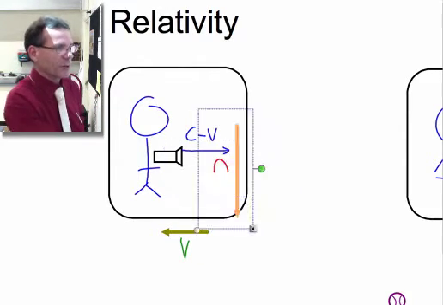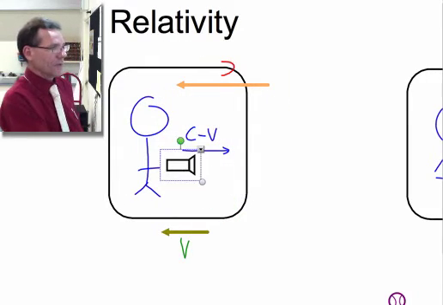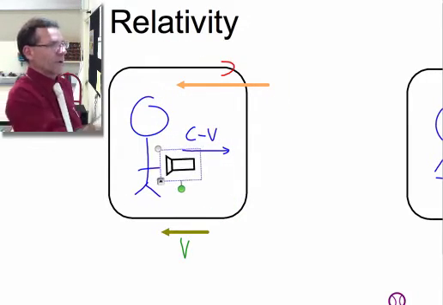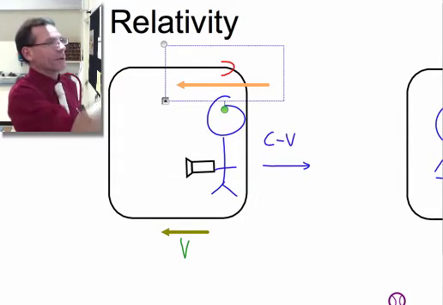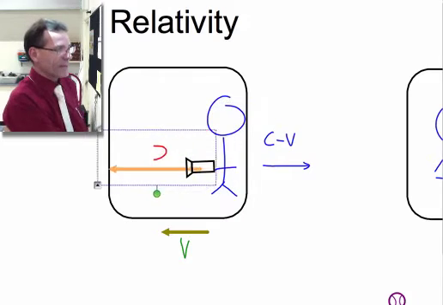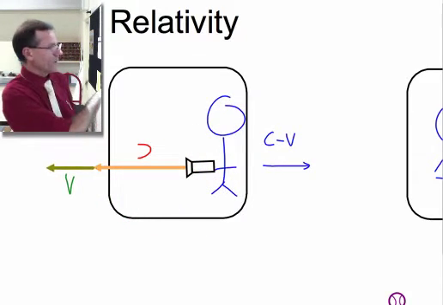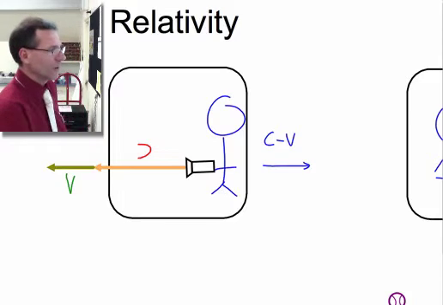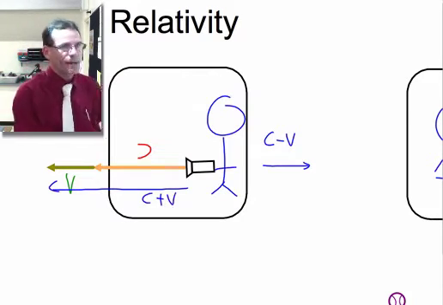And of course, if we turn our experiment around, just to confirm our findings, and turn our torch around, and we're going to move down here for the moment and shine our light beam out this side here. Well, what's going to be the vector sum of it now? It's going to be the addition of those two. And so now we're going to measure the speed of light as being the speed of light plus our velocity.